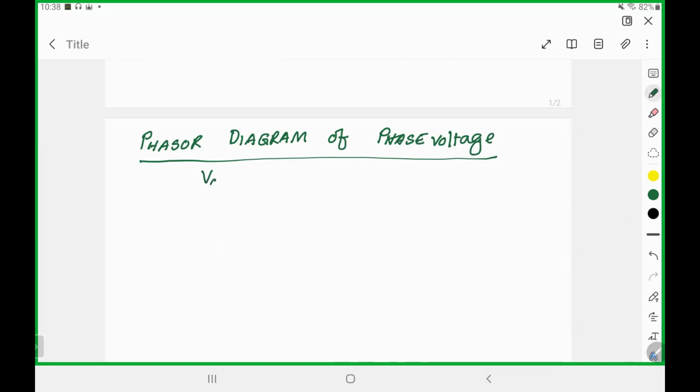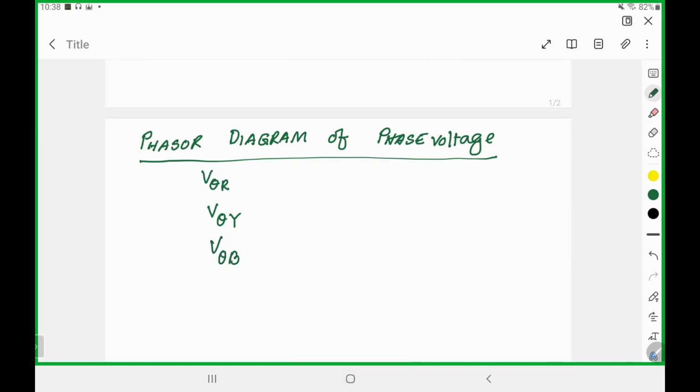We have V theta R and we have V theta Y. Yes, all the phasor quantities should be in one, and later on we will put all the line quantities and the phase quantities in one. Okay. So then we will have V theta B.